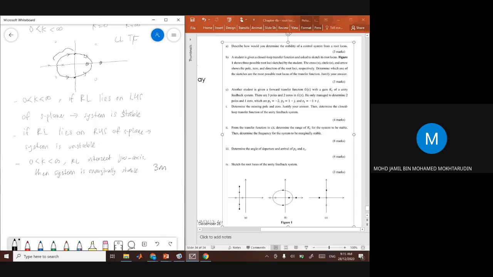The root locus basically represents the value of poles when you vary the value of k from 0 to infinity.